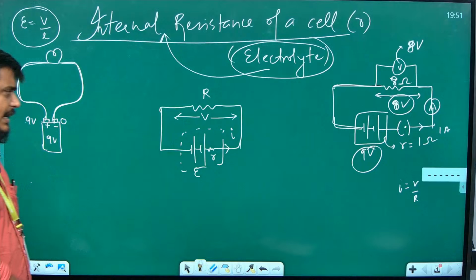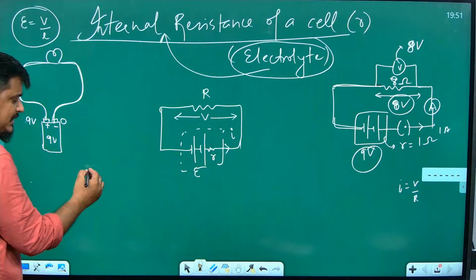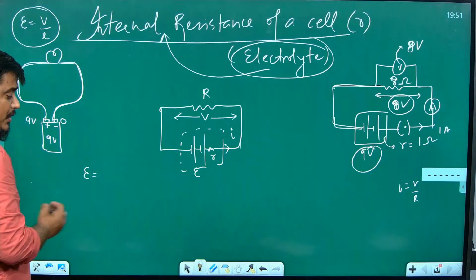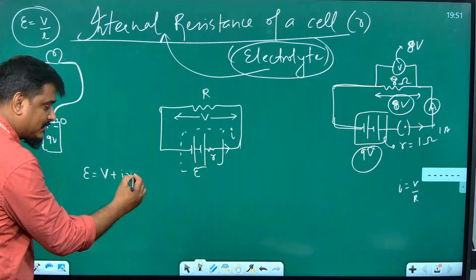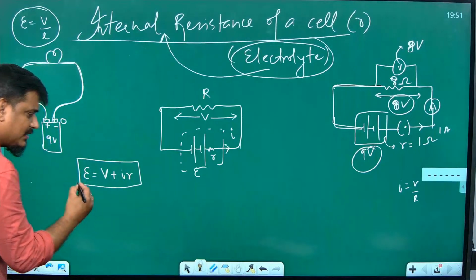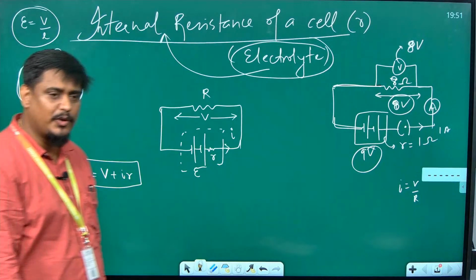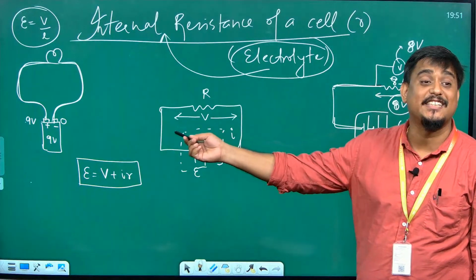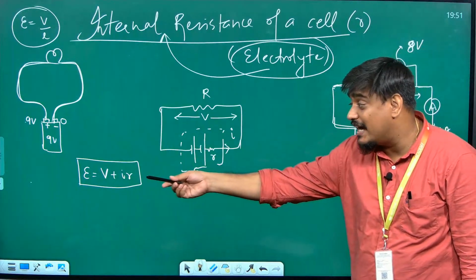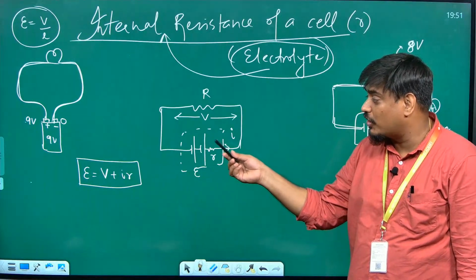Now, everybody can understand that this EMF E will become equal to V plus Ir. Do you agree with me? EMF E will become equal to V plus Ir. What is V? The potential drop across the external resistance. What is Ir? The potential drop across the internal resistance.